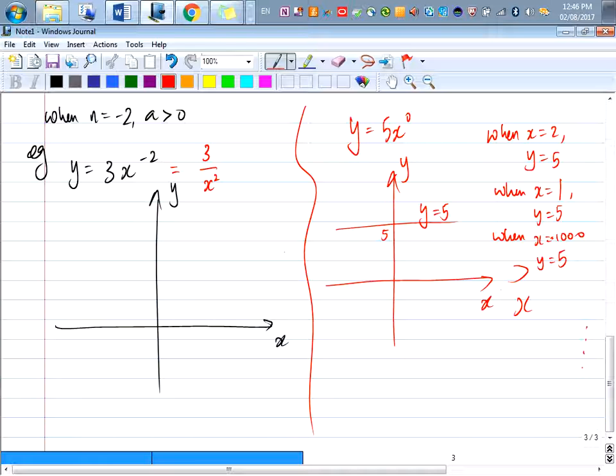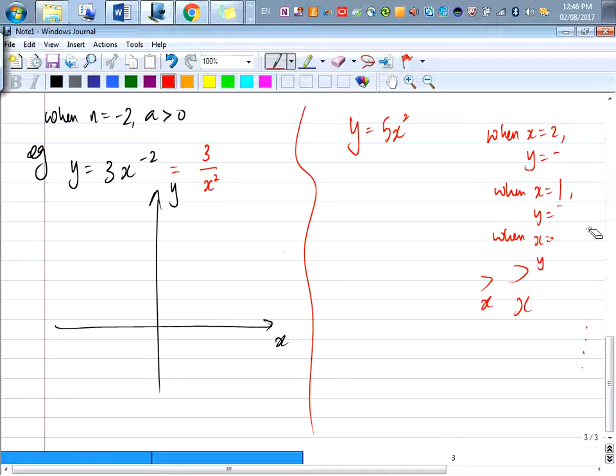Okay? Then I also can talk about my graph of x squared. What happens when y equals x squared, for example? When y is equal to x squared and I have x equals 2, my y will be equal to 4, because I just squared. When x equals 1, I'm just randomly choosing x values.